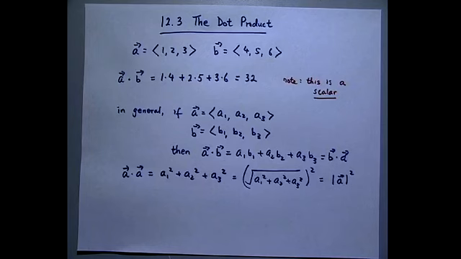This is something obviously we have to use a calculator to calculate. We get 32 over radical 1078. And theta is the inverse cosine of that number.